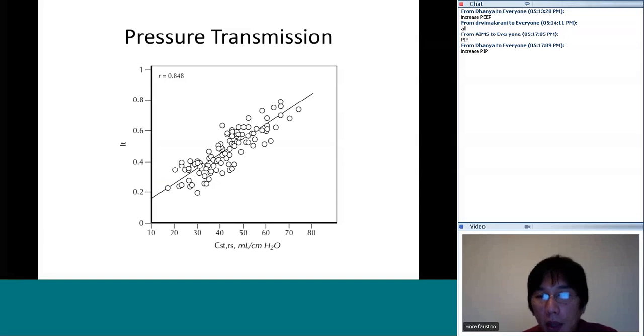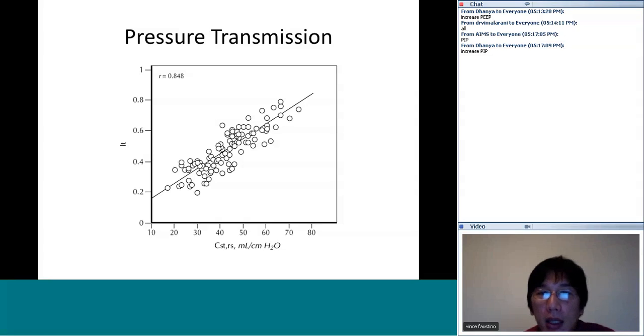An important thing to remember when providing positive pressure ventilation: the amount of pressure you're giving is not always the same as what's transmitted in the intrathoracic space. So your mean airway pressure, PEEP or PIP, does not necessarily mean that's what's going to go into your intrathoracic cavity.